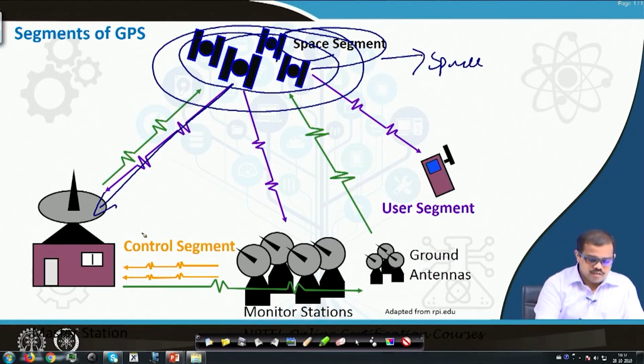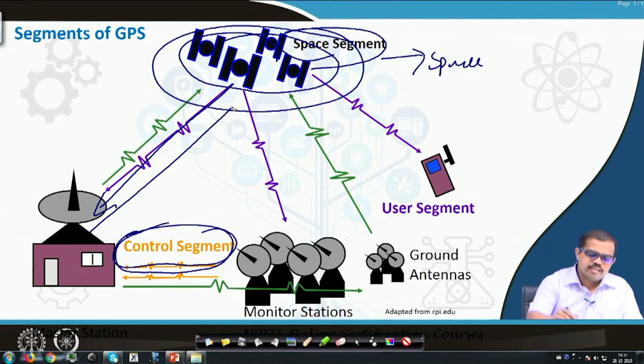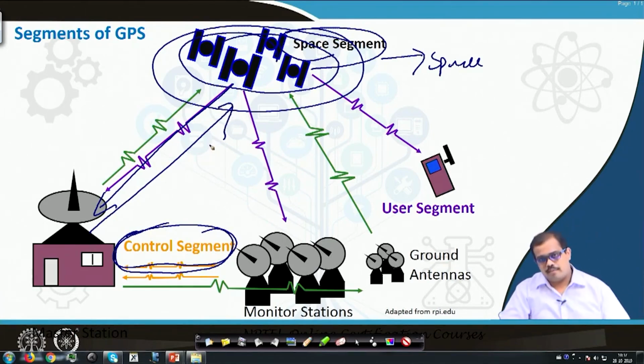The control segment is on the earth's surface, meant to correct the errors present in the signal that the space segment is sending in, to look at various other correction issues that may have happened, and to control the entire space segment. Once the correction is made, it sends the signals back to the space segment.